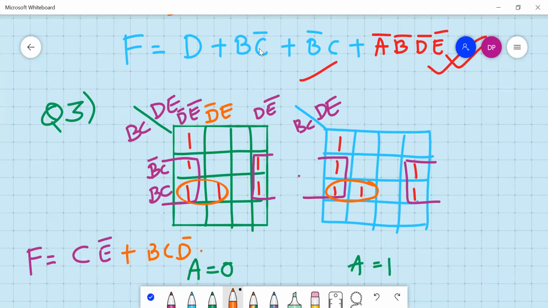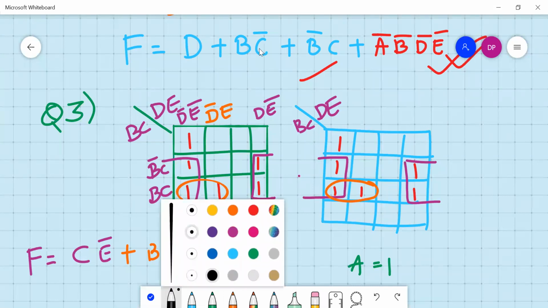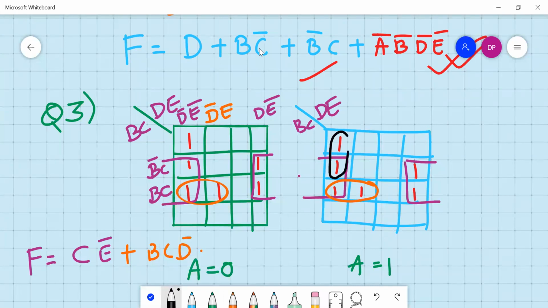Similarly, we can take this as one group and this as another group. A group of 4. So what will you find common? B complement is common. Then D complement, E complement is common. Right? This will be the reduced expression.